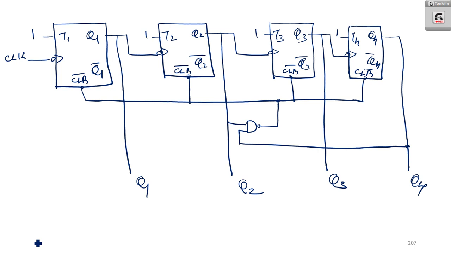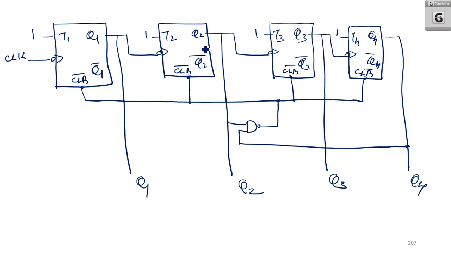If it is negative edge triggered, Q1 should be connected as clock of the next flip-flop. Here I have gone for negative edge triggering, that is why Q1 is connected to the clock of the next flip-flop, Q2 is connected to the clock of flip-flop number 3, and Q3 is connected to the clock of flip-flop number 4.